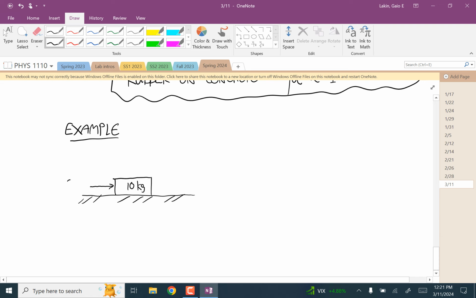And let's say we're applying a 30 Newton force to the object in that direction. And let's say the coefficient of friction between the block and the surface is 0.3. And we want to draw a free body diagram of the block.